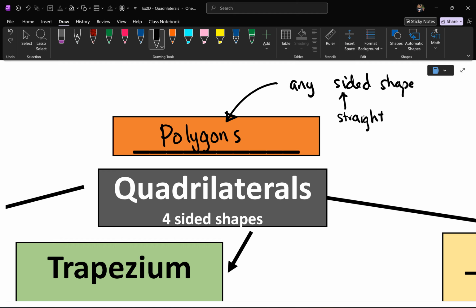Okay, so some of the polygons that you might be familiar with is like pentagon, hexagon, octagon, nonagon. What's 10? Does anyone remember 10? Decagon, very good. And then 11?